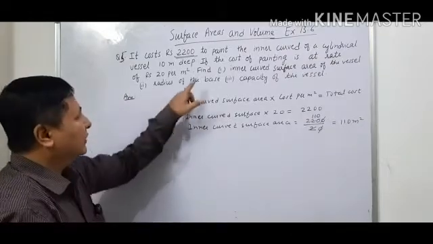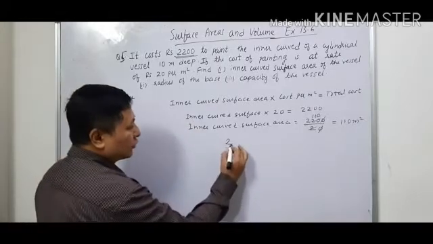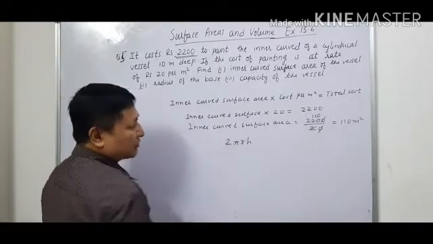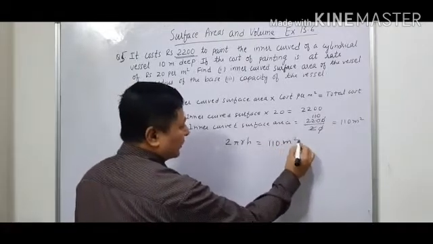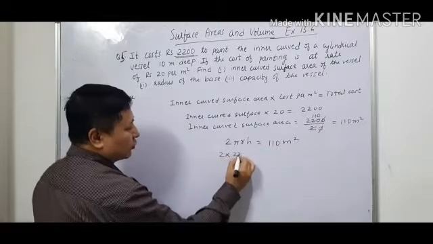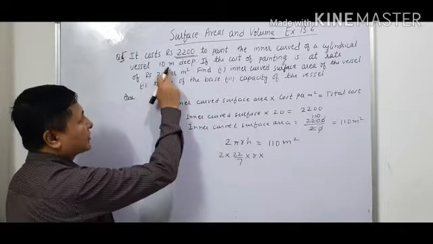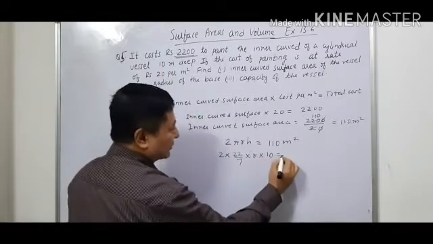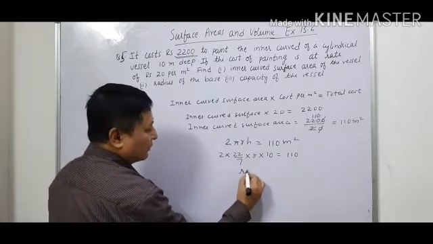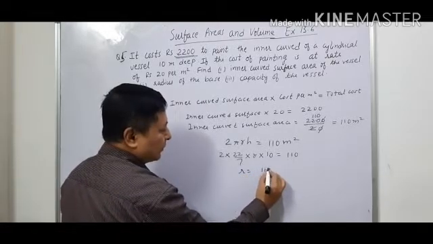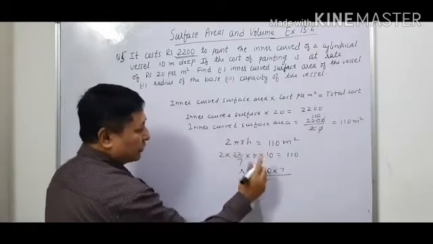Now we will calculate the radius of the base. Inner curved surface area, we know the formula, 2 pi r h is equal to 110 meter square. Now 2 into 22 upon 7 into r into h, and it is given in the question that it is 10 meter deep. So let us solve this. r will be equal to 110 multiplied by 7 upon 2 into 22 into 10.